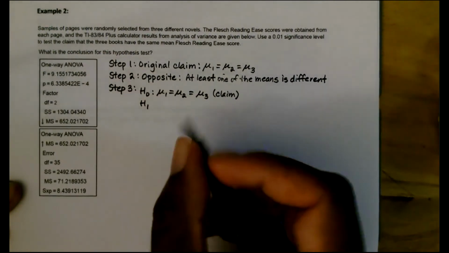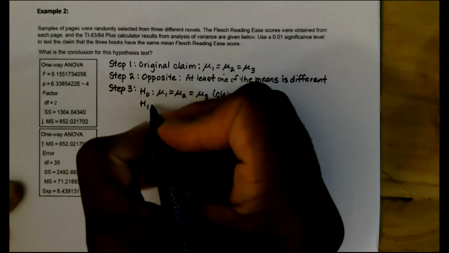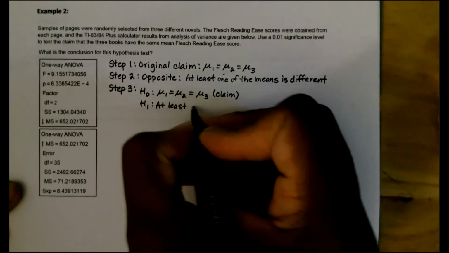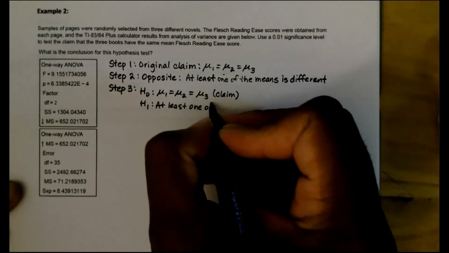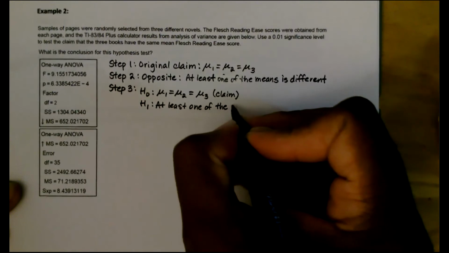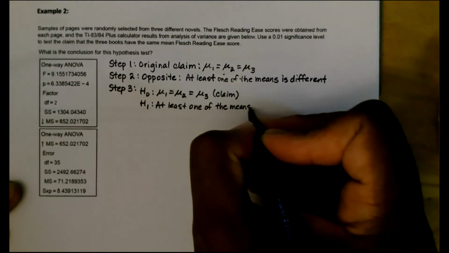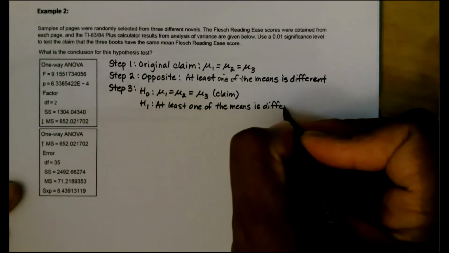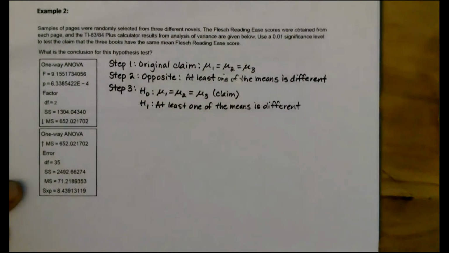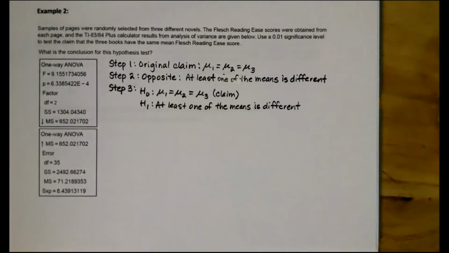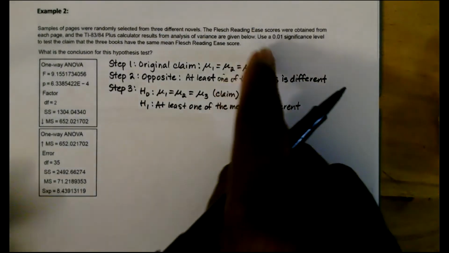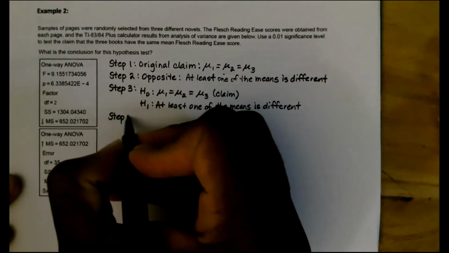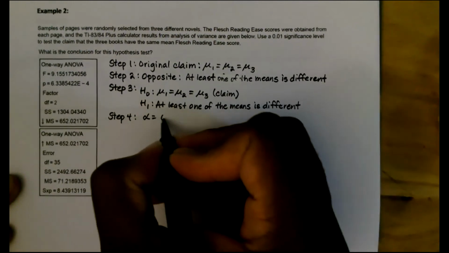And the statement, at least one of the means is different, is your alternative hypothesis. Okay, so that's step number 3. And then step number 4 is your level of significance. We're using a 0.01 significance level. So step number 4, we just write alpha is equal to 0.01.